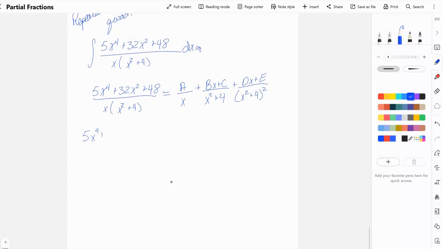For that to be true, the numerators have to be the same when we have that common denominator. Oops, I'm missing the squared there. We can go back and fix that. That should be x squared plus 4 quantity squared. Must not have caught that when I wrote it earlier. So there's my setup.